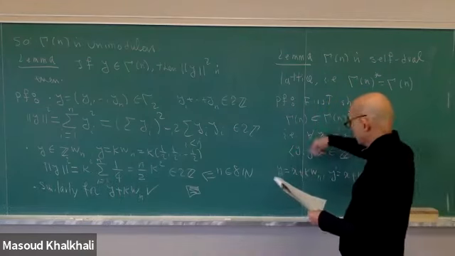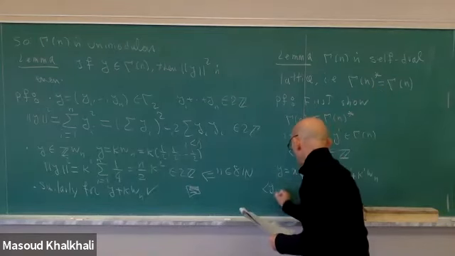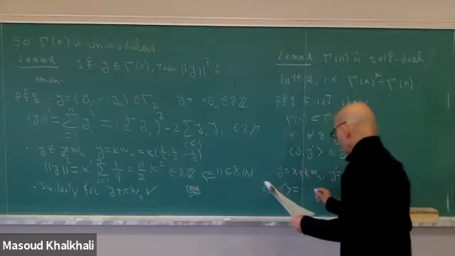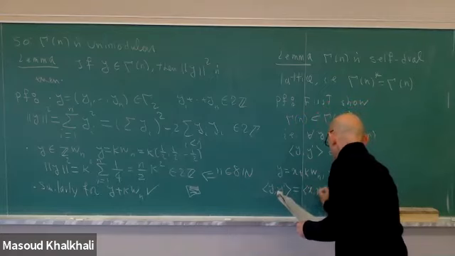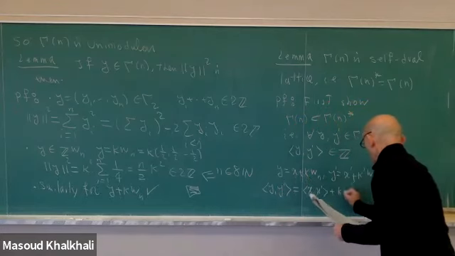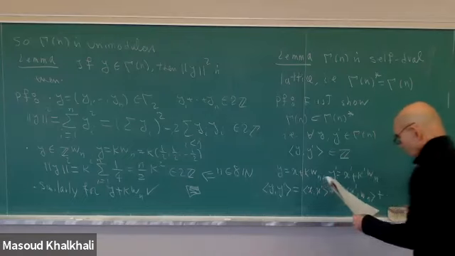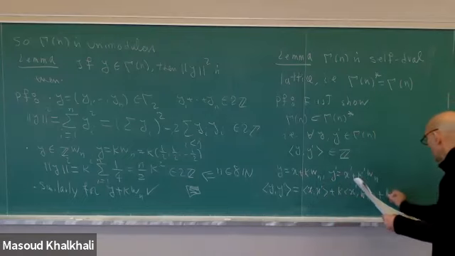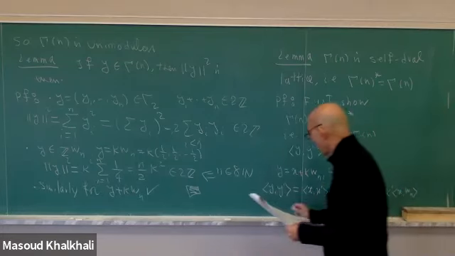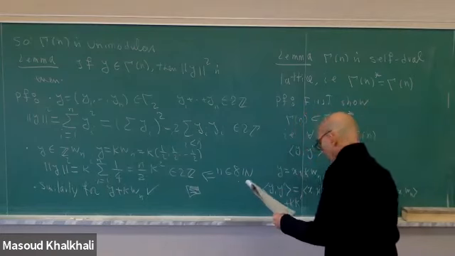So of course x and x prime are in Zn. So the inner product of y and y prime is equal to the inner product of x and x prime, plus k x prime wn, plus k prime x wn, and plus kk prime wn squared.